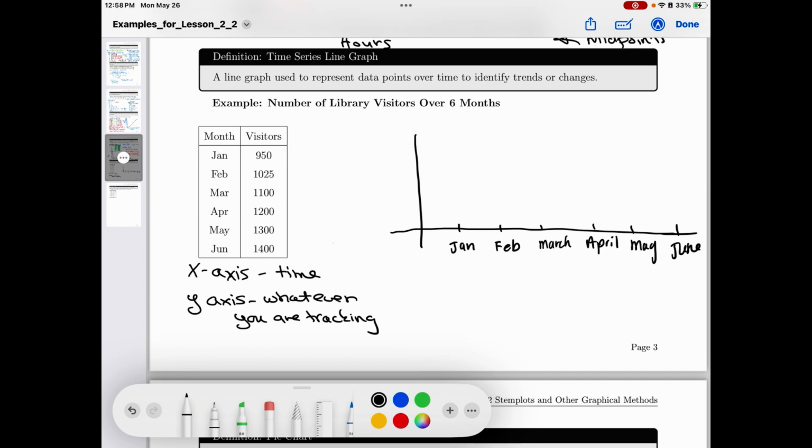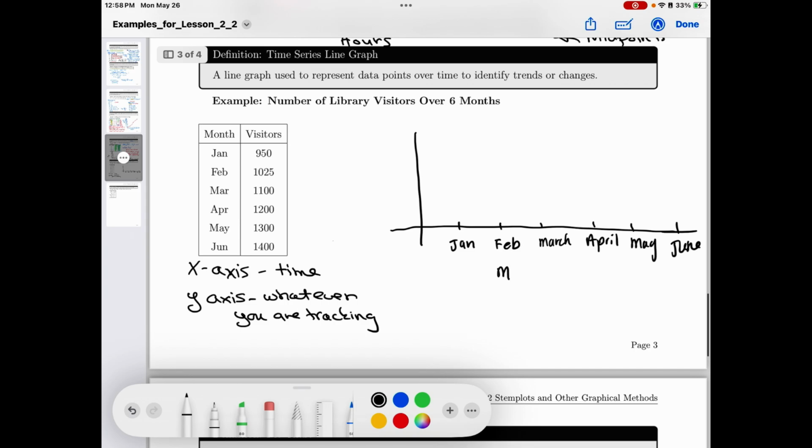So then February would be x is equal to 1, March would be x is equal to 2, etc. So just when you're reading the graph, read all of the information that's labeled around it so that you know what those values on the x-axis represent if they're not labeled in words like this.